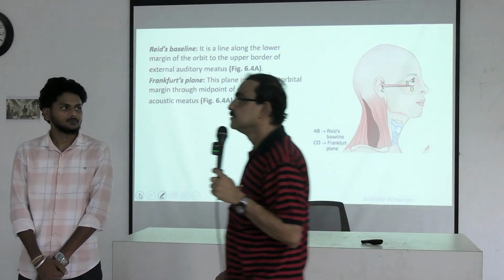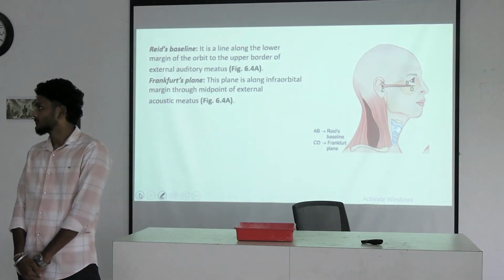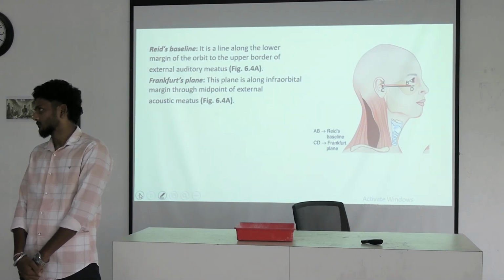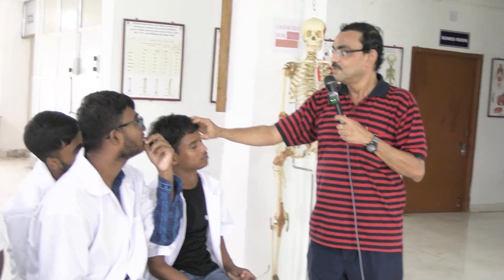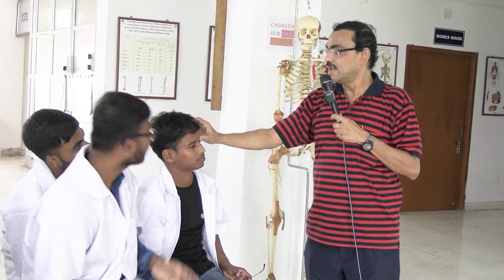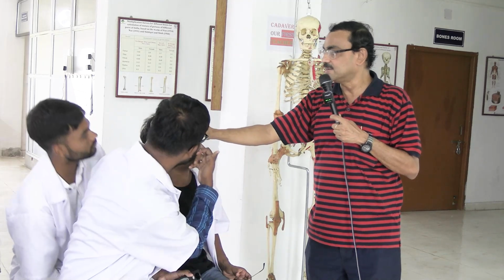Infraorbital foramen. We can see this is the infraorbital foramen. This is the supraorbital foramen, which we can feel at the junction of the medial 1/3 and lateral 2/3 of the upper border of the orbit.